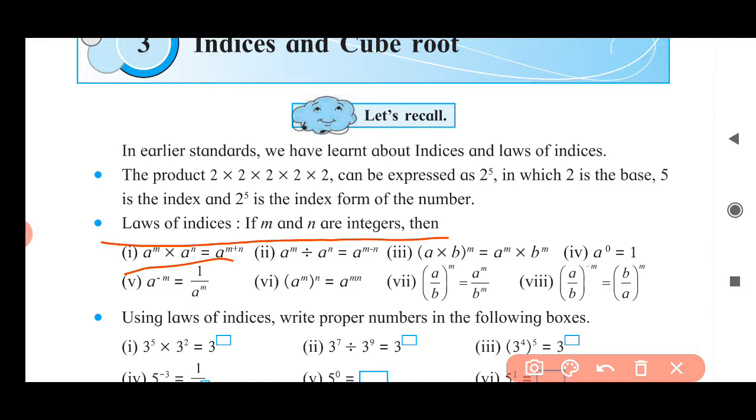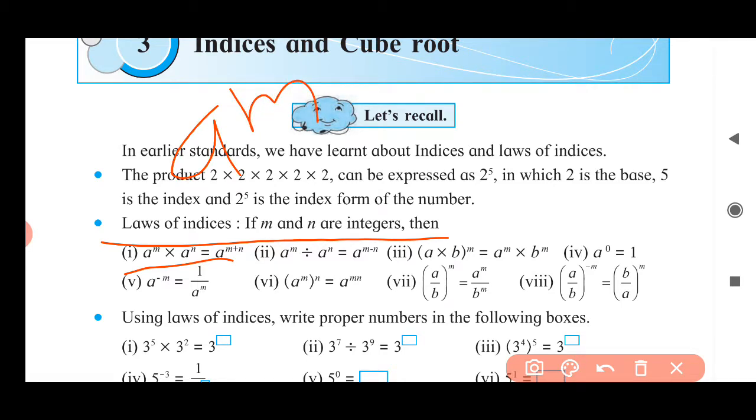Law of indices: if m and n are integers, some unknown integer numbers called m and n, then a is the base, the same, and m is the raised index.